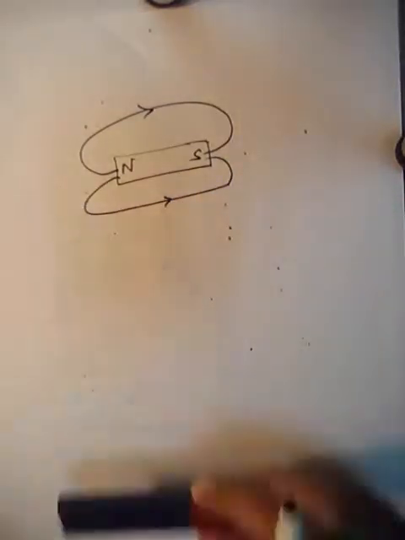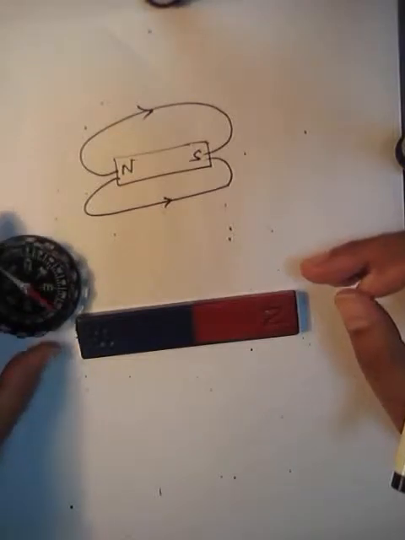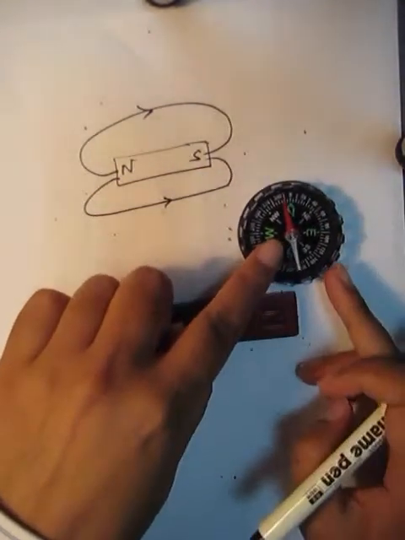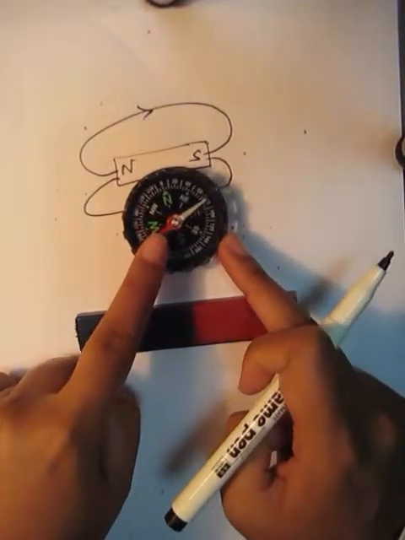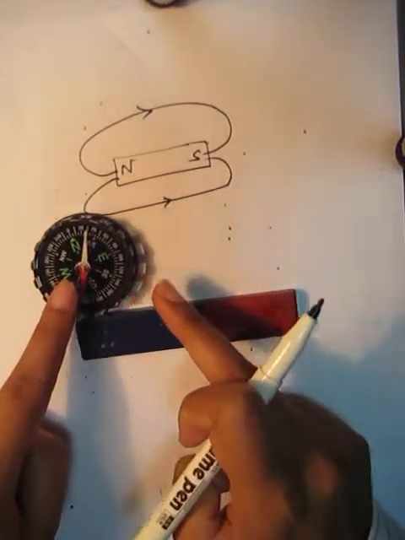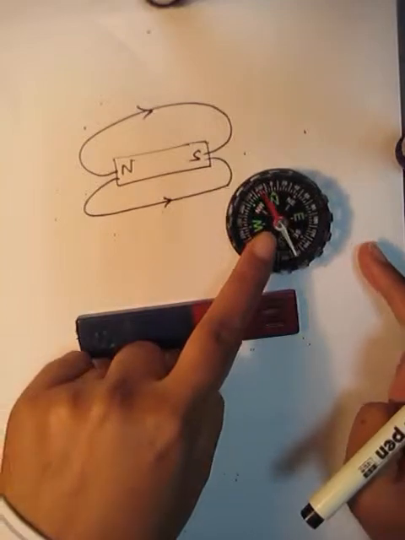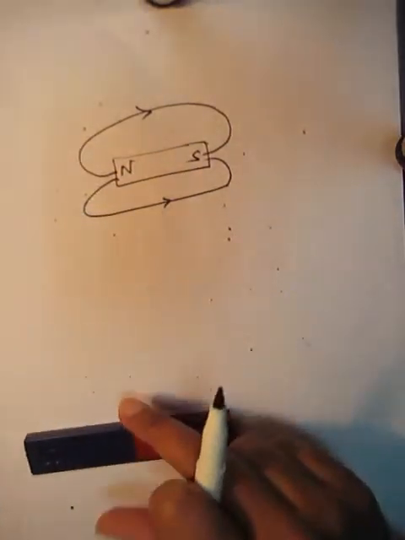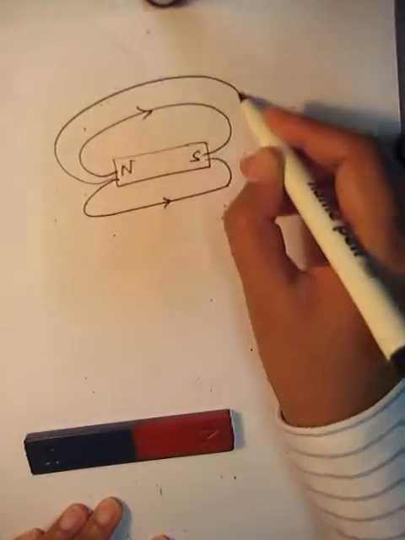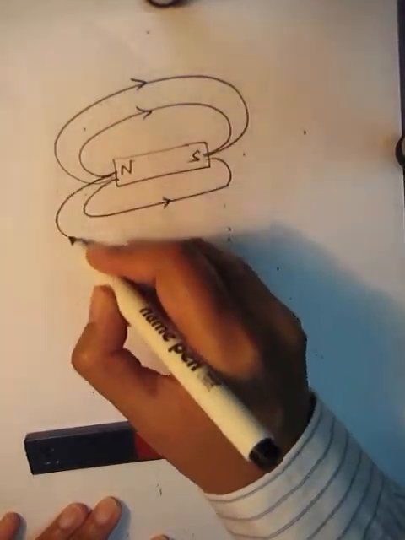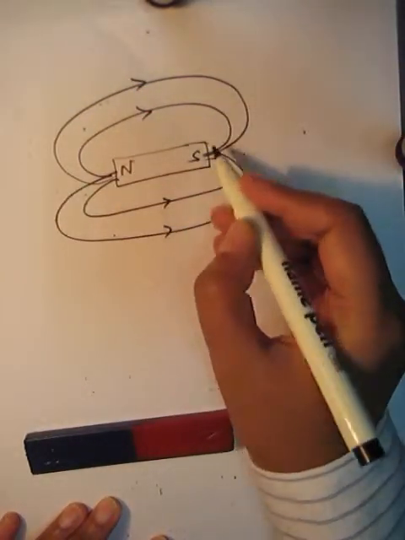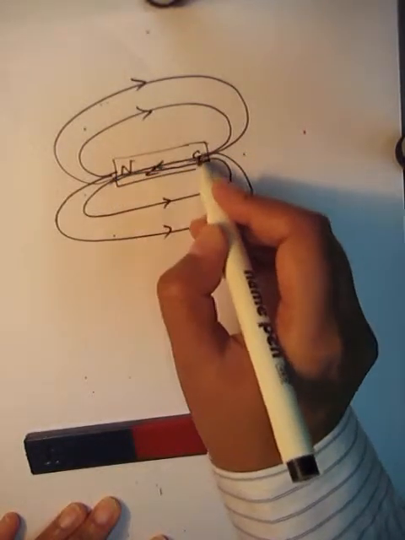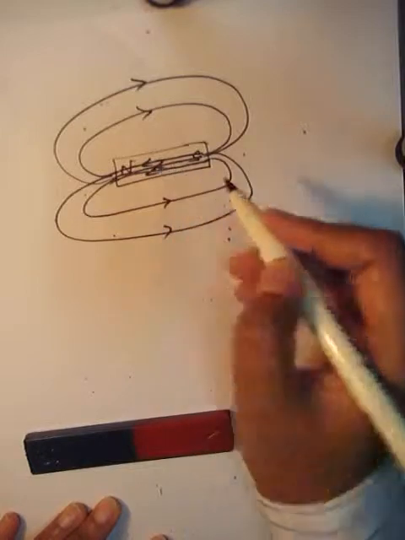If we move from the north pole, it will be perpendicular, then parallel, and then towards this side. So the magnetic field lines are starting at one point and ending at the other. There will be magnetic field lines like this, and inside they will be from north to south and parallel to each other.